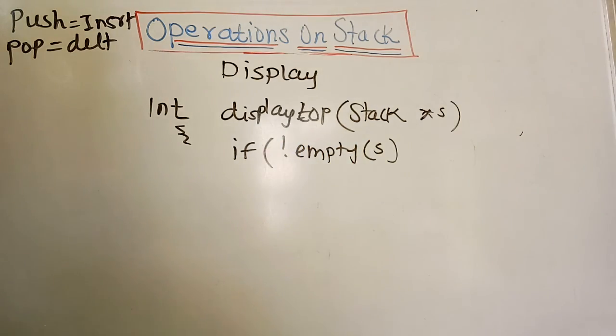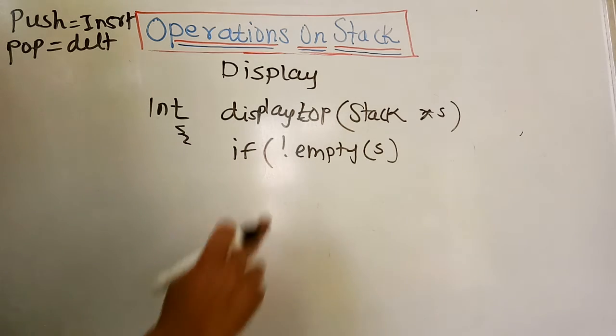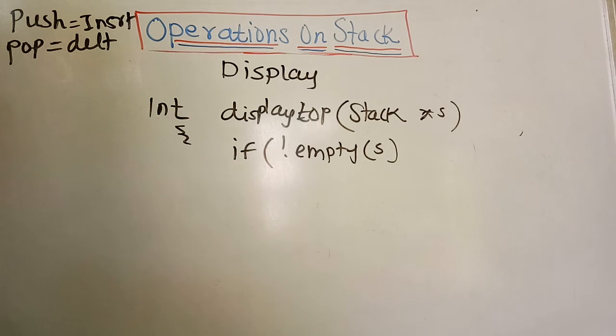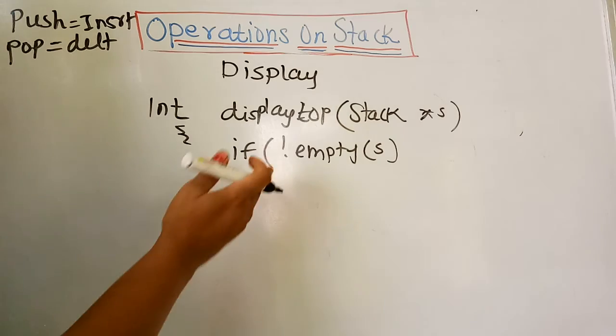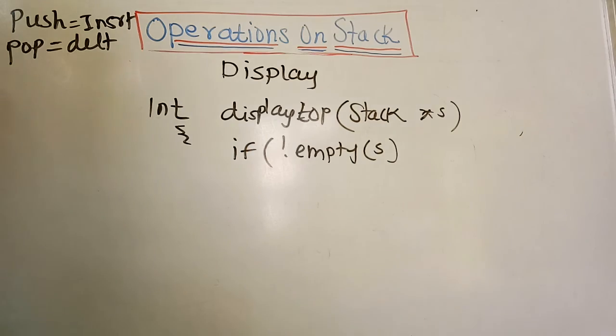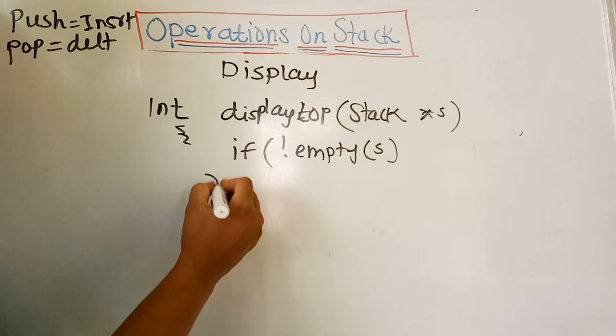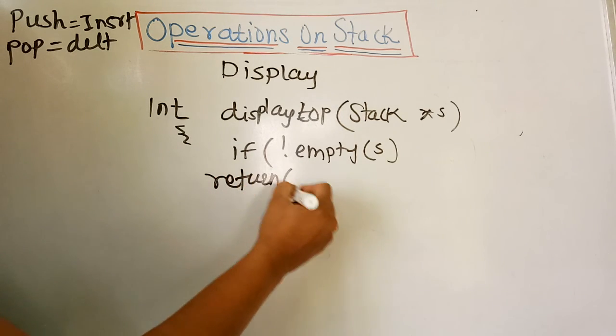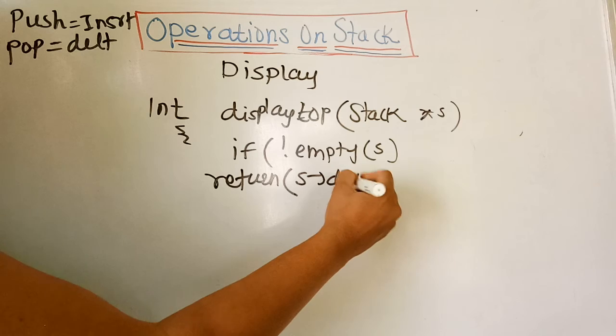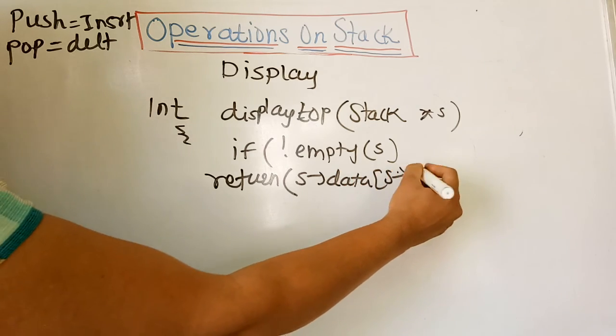This is a necessary condition because if the stack is empty, there is no chance to print any element of the stack. When this condition is false, we are able to print the data element: we return s pointer data of s pointer top.